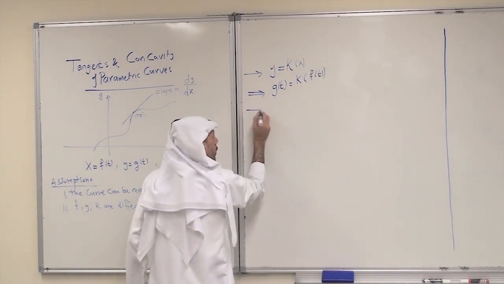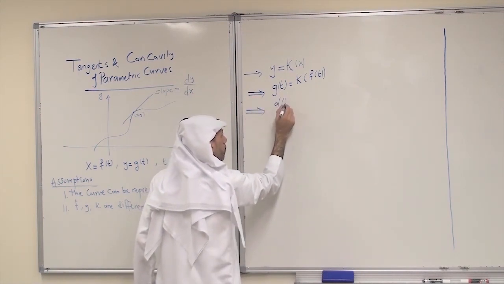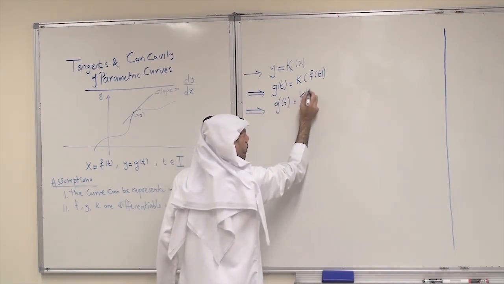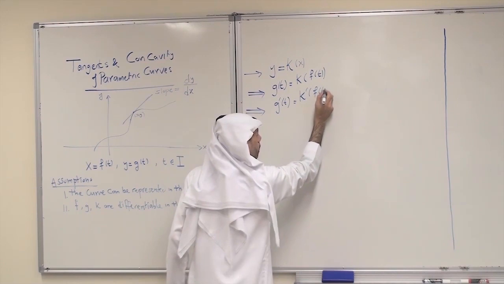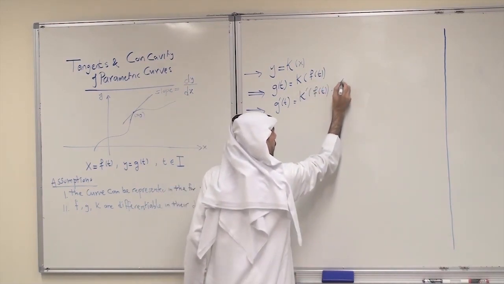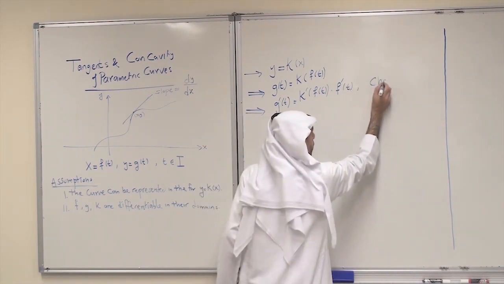Then I will differentiate using the chain rule. So this is g prime of t equals, by the chain rule, k prime of f of t times the derivative of the inner function, f prime of t. So this is really using the chain rule.